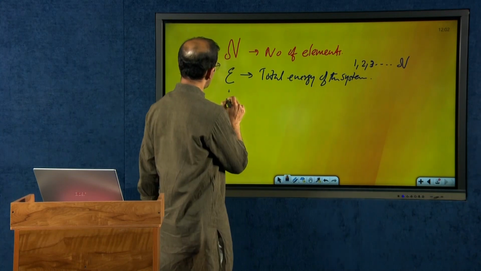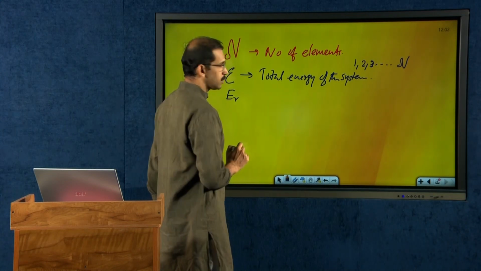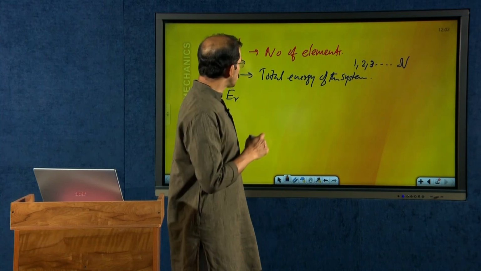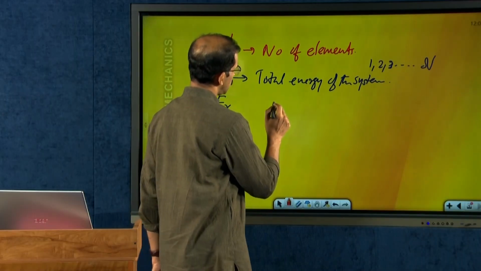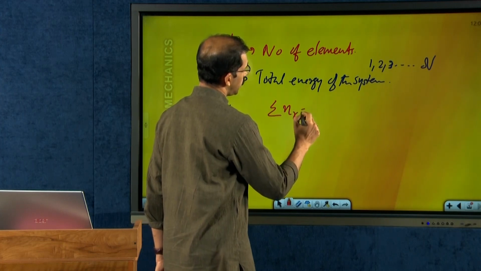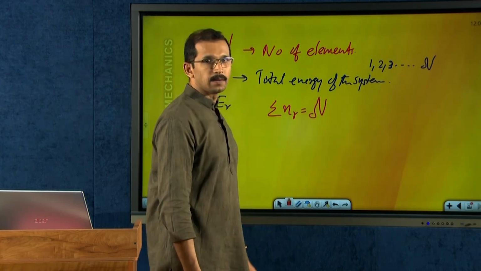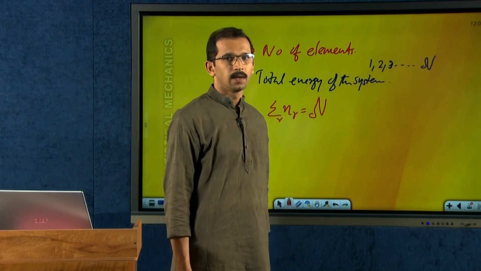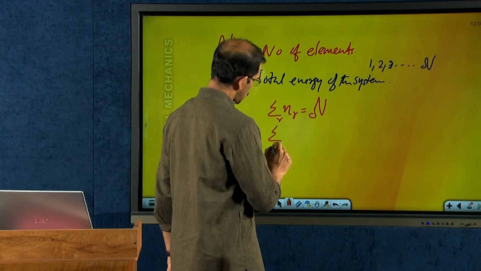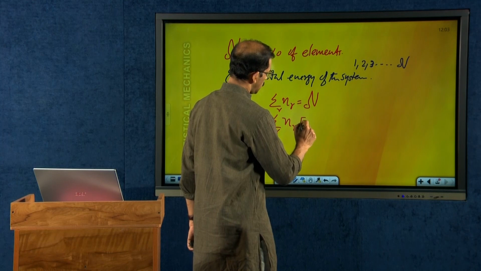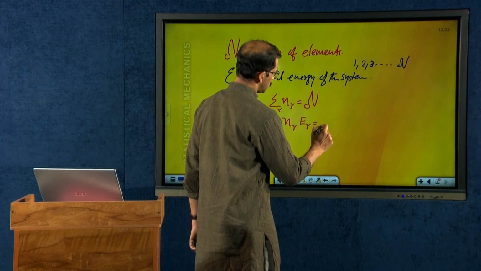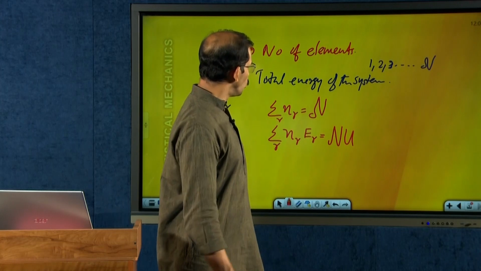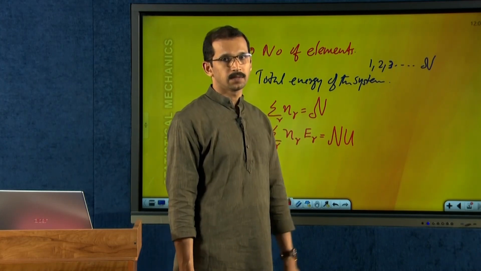Let us define them by E_R, where R is equal to 0, 1, 2, 3 etc. Based on this information, I can write that sum over R of N_R is equal to script N, and sum over R of N_R E_R is equal to script N U, where U is my average energy per element.